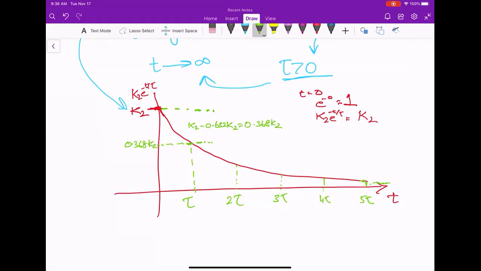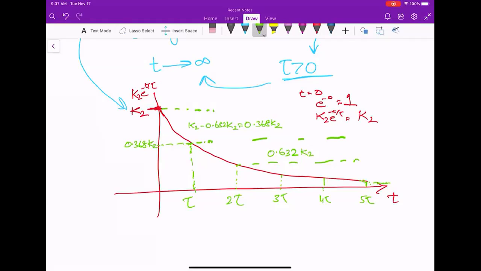So at 1 tau, your value of the decaying exponential will be 0.368 K2. Similarly, for each tau, the drop will be approximately 0.632 of the remaining value.